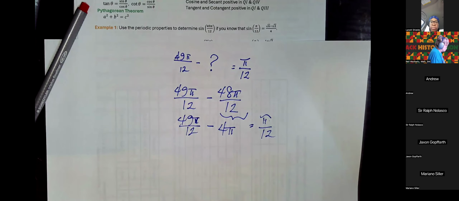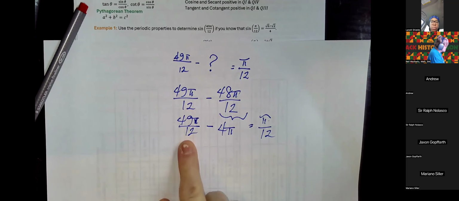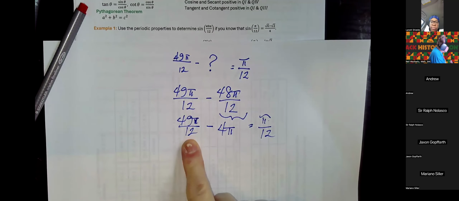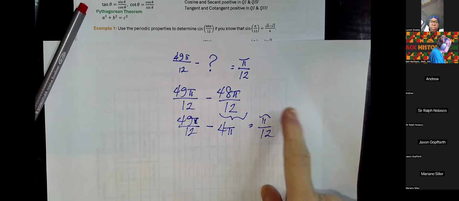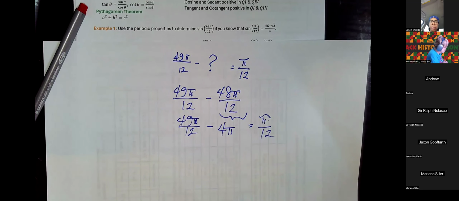But why are the sine and tangent and cosine, everything for 49 pi over 12, the same as all of the trig functions for pi over 12? Why is subtracting 4 pi going to give us the same value? Because they're the same angle.